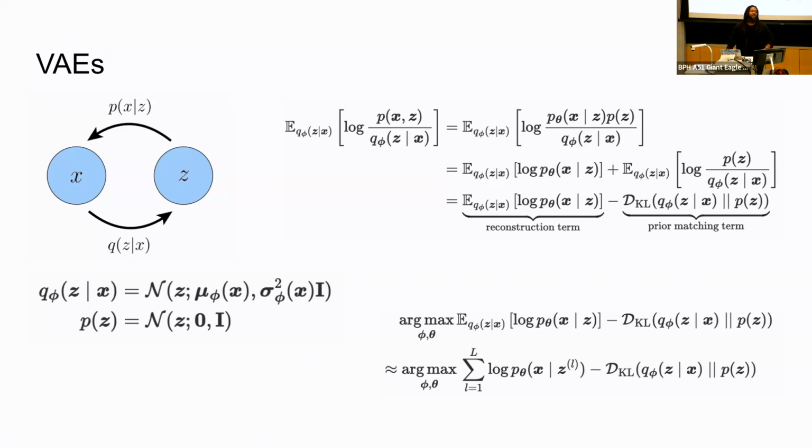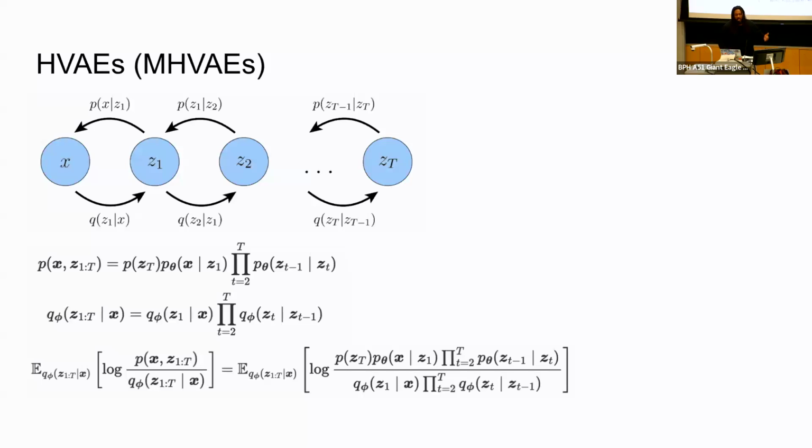The next logical step from here is modeling the latent variables directly. And so we have HVAEs, hierarchical variational autoencoders, of which we'll look at a special case, the Markovian hierarchical variational autoencoders.